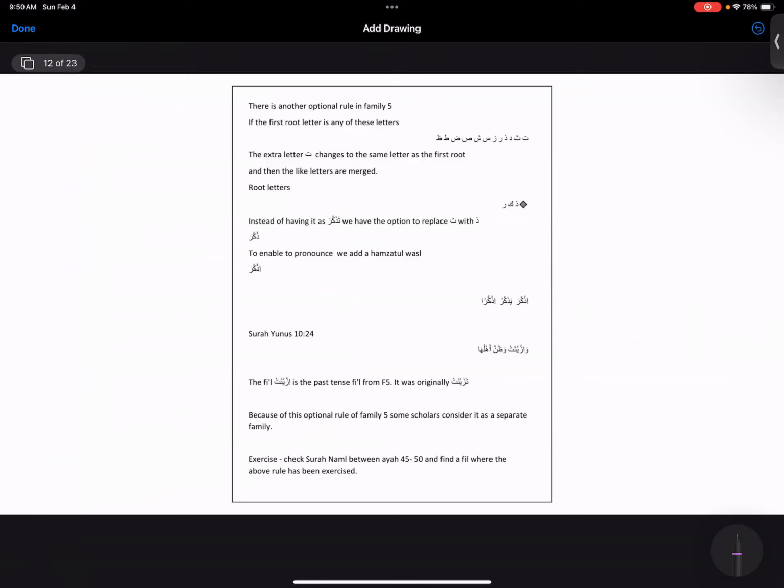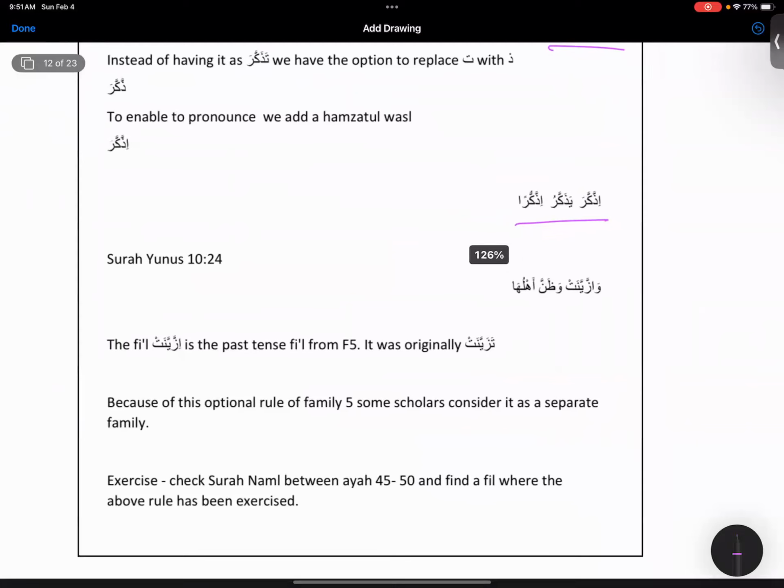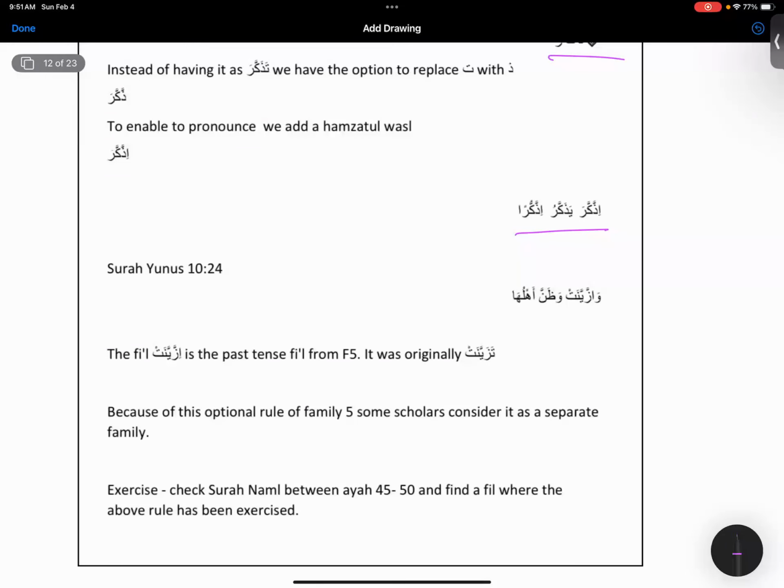Okay, then there is another optional rule in family 5. Now, dhakara, iddhakara, yadhdhakiru, iddhakkur, right? And then another example is wa zayyanat, wa zayyanna ahluha.